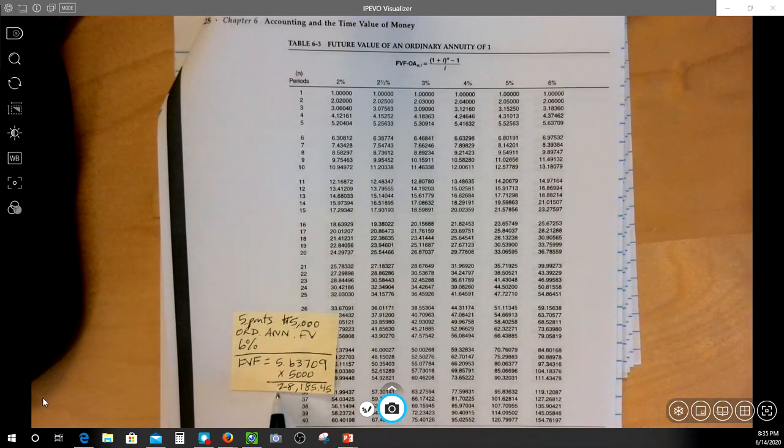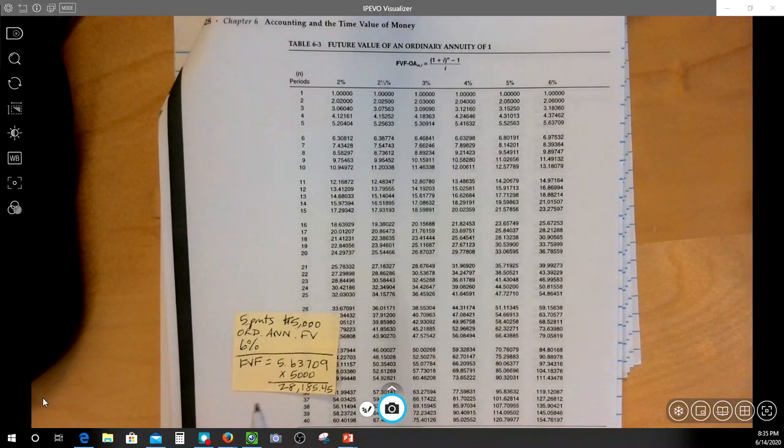So 5 payments made at the end of each period. There are 5 periods. Interest is compounded each period. 6% interest, $5,000 payments, the future value of those payments is $28,185.45. Let's look at a real-life example.